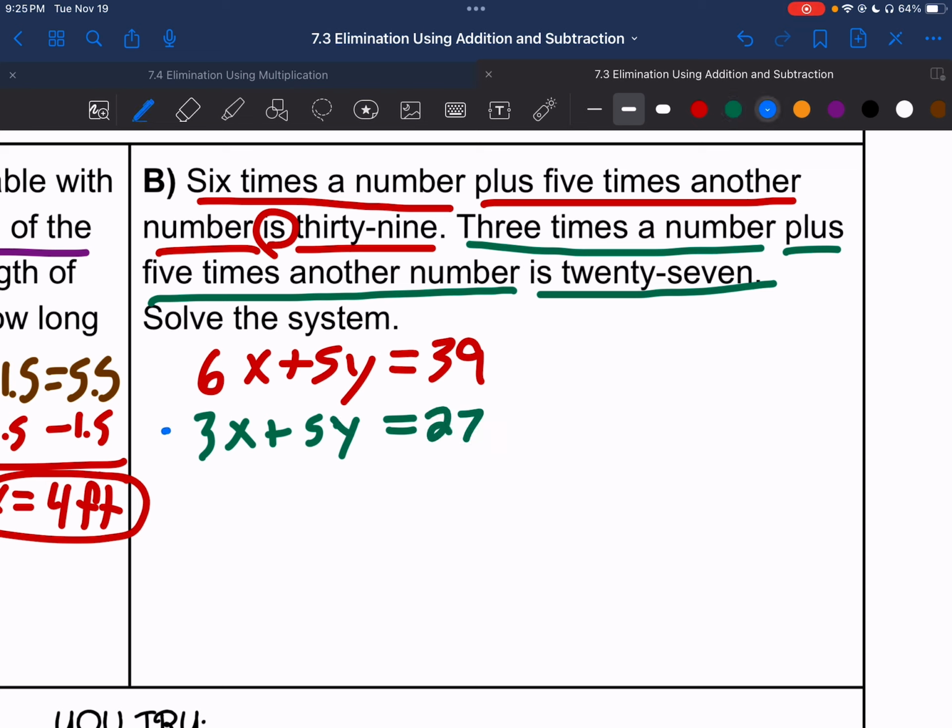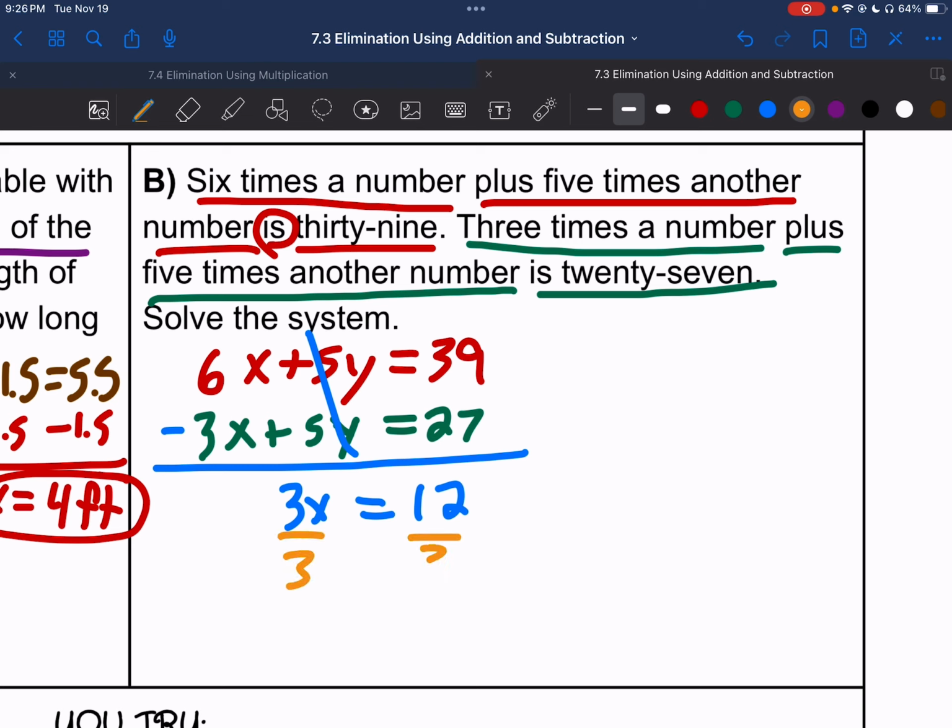So we're going to do subtraction because those y values are the same. So 6x minus 3x is 3x. 5y minus 5y cancels out. 39 minus 27 is 12. All right, now we're going to divide both sides by 3.